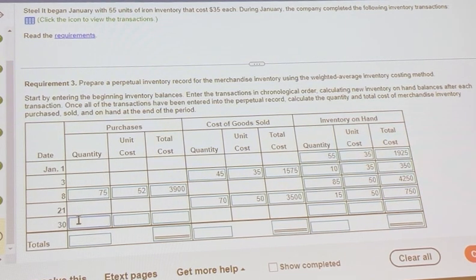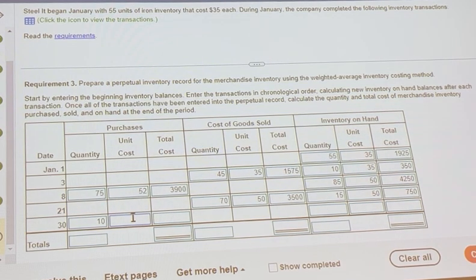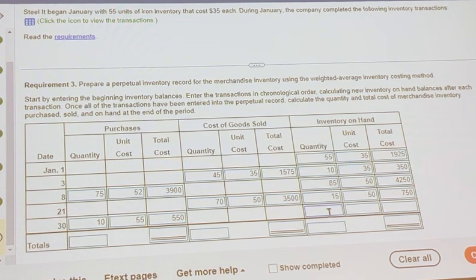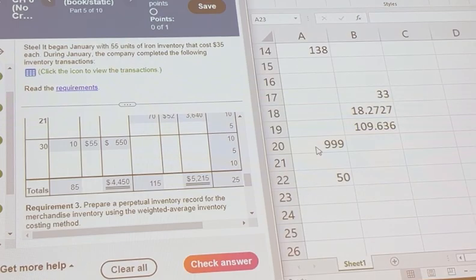Then on the 30th, we make another purchase, 10 units at $55 each, $550 total. And so, because it's a purchase, we again have to compute the new weighted average cost.